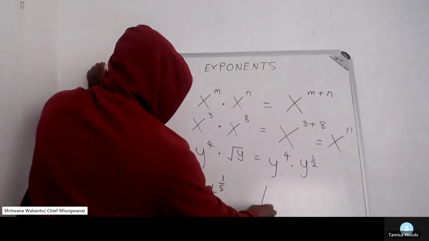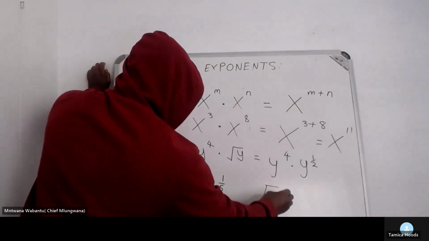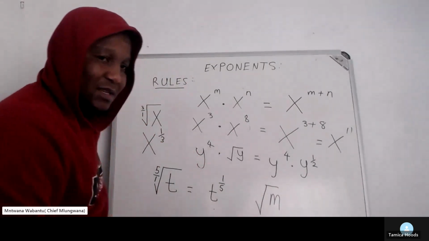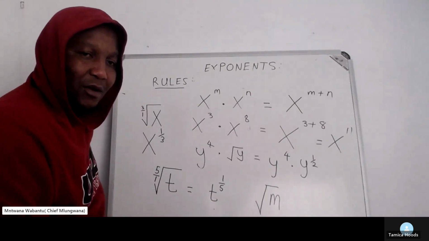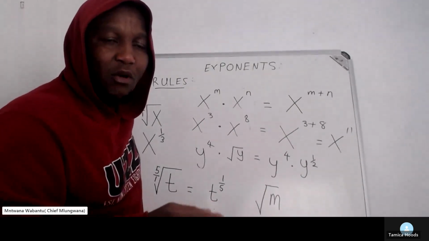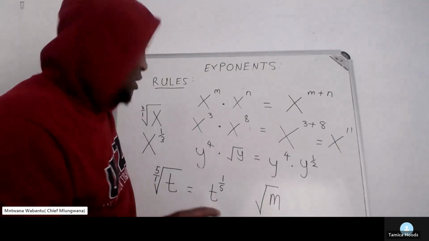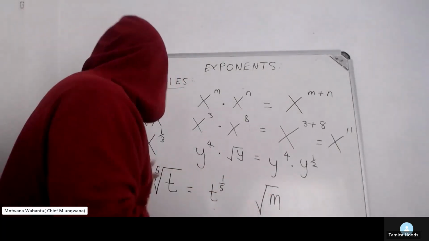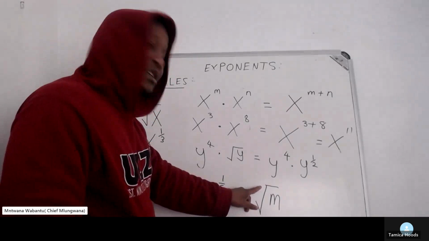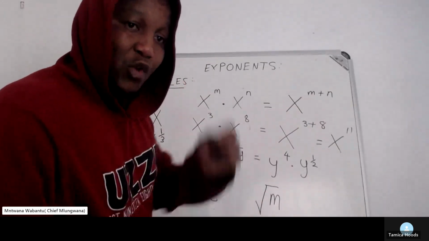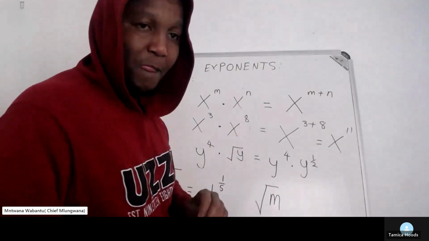Now when you have a root sign and let's say this is the root of m, there's no number here. That's a trick, but no, it's not a trick at all. If there's no number, we call it the square root. Which type of root is this? Square. If there's no number, you assume it is 2.